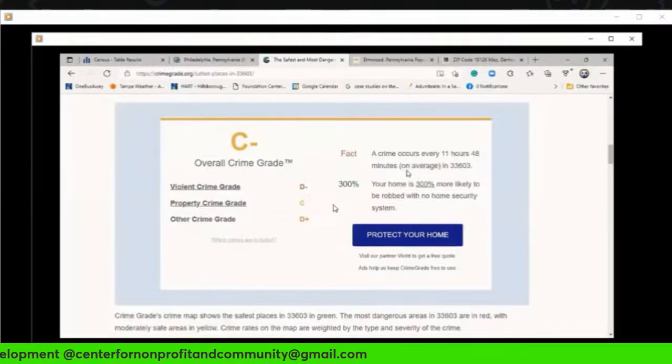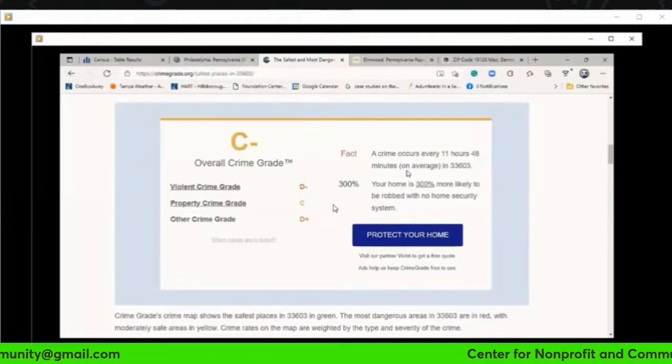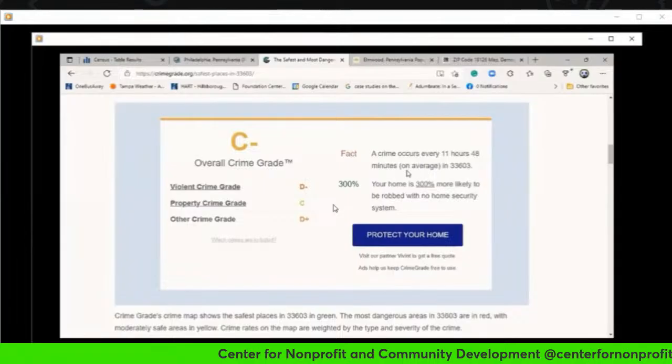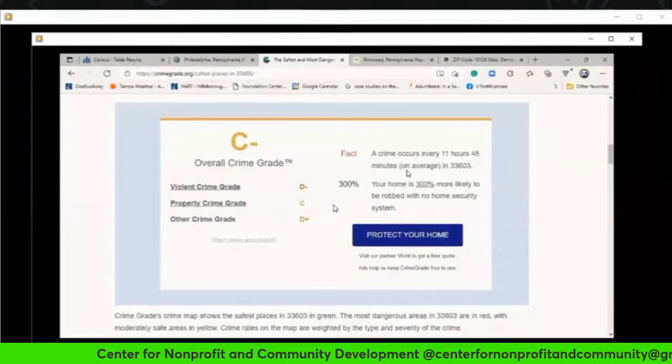zip code. Now that might sound like a lot, but in some areas where I'm working in Baltimore, a crime occurs every 8 minutes.